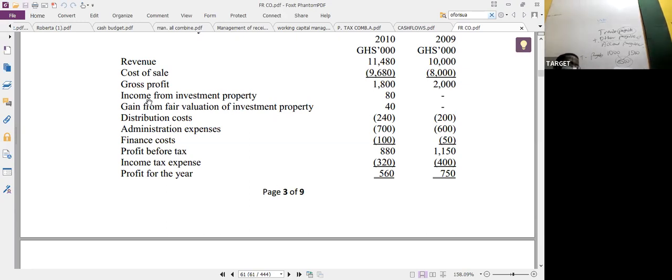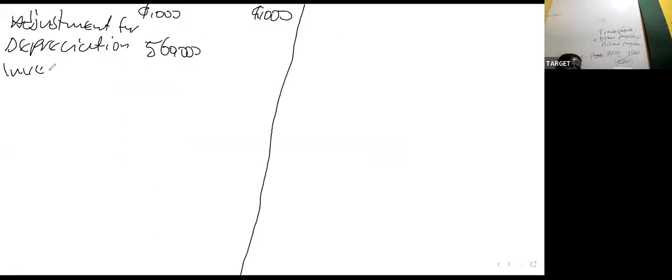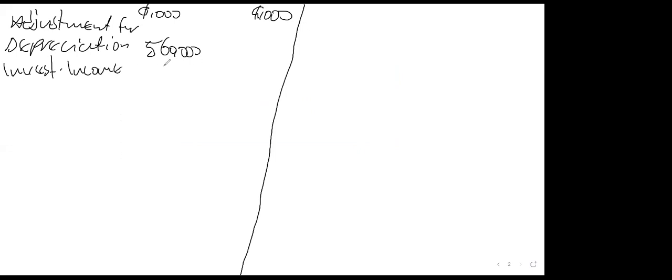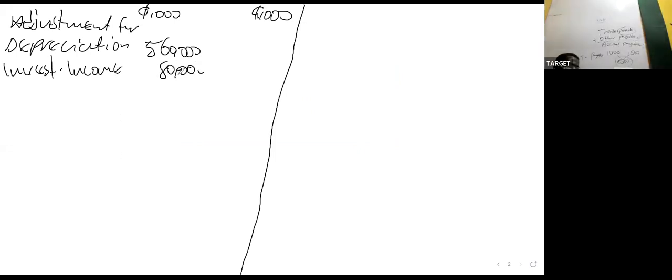So 80, what's the name? Investment income, right? So right there, investment income, it is 80,000. The next one is fair value gain on investment property, which is 40. Now, the loss on disposal, let's go and compute the loss.